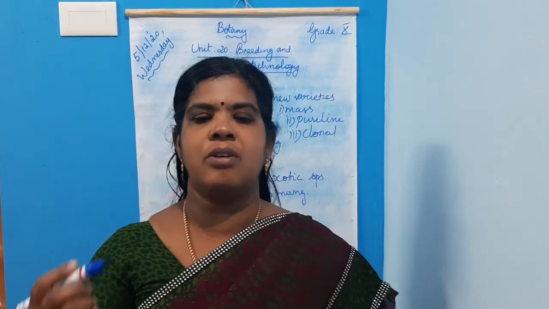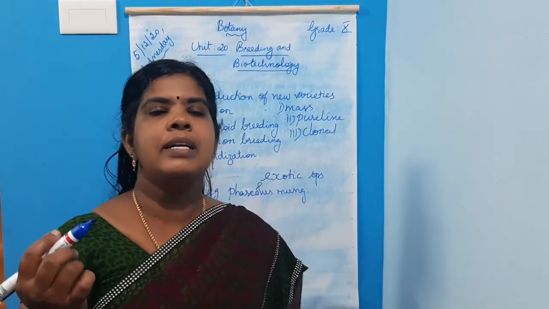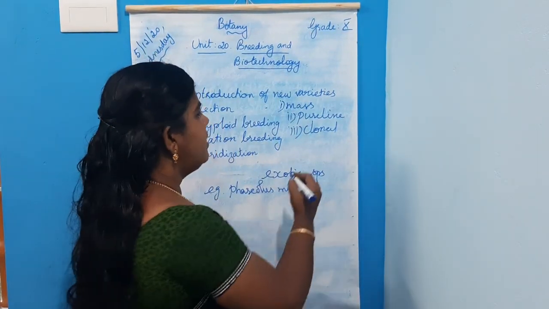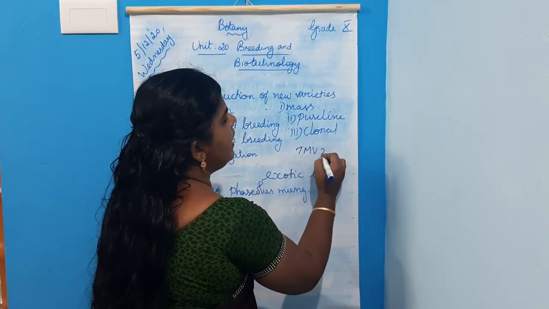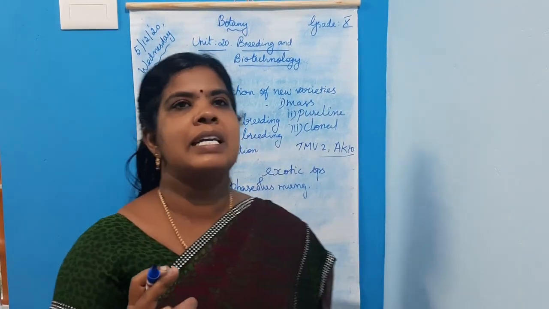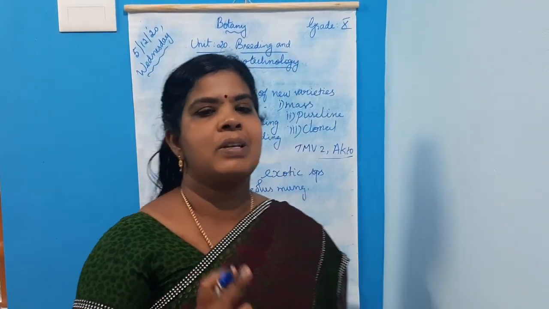Common examples for mass selection are the groundnut varieties like TMV2 and AK10. These improved varieties are obtained through mass selection.